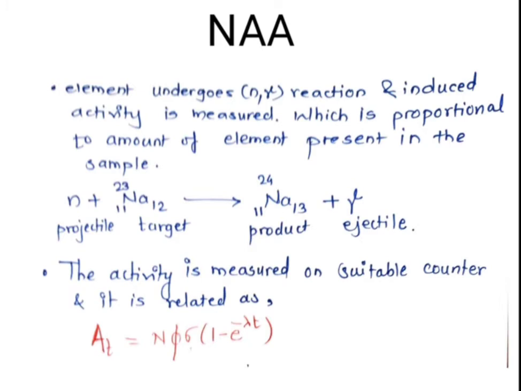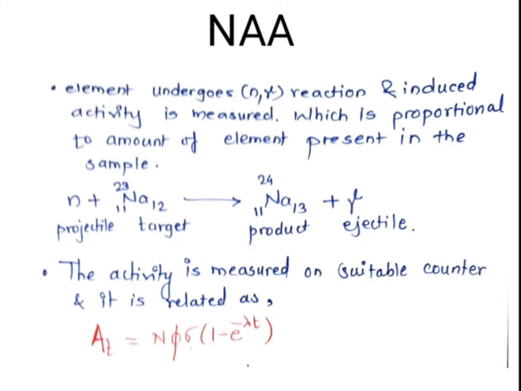The initial element, isotope, or target material will undergo the n,gamma reaction, and there is the induced activity. That activity will be measured by using the neutron activation analysis technique, and that induced activity is proportional to the amount of element present in the sample. So the activity is dependent upon the amount of element which we have taken.